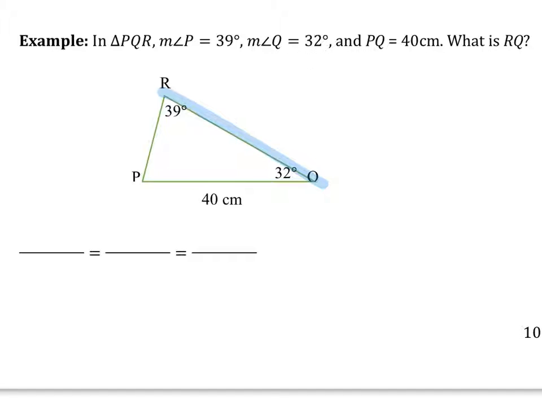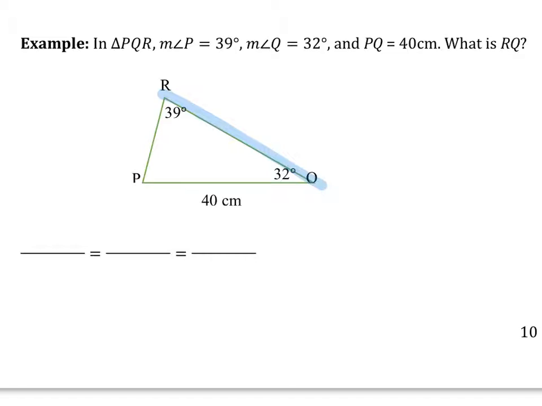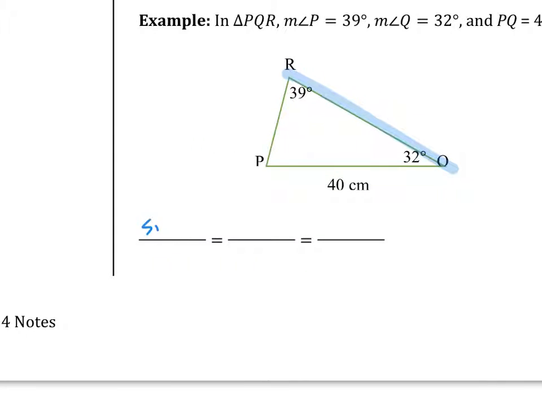R and its opposite side is known, right? So we can say that sine R over its opposite side, let's call this little r, is the same as sine 39 degrees over 40 centimeters. They want RQ.